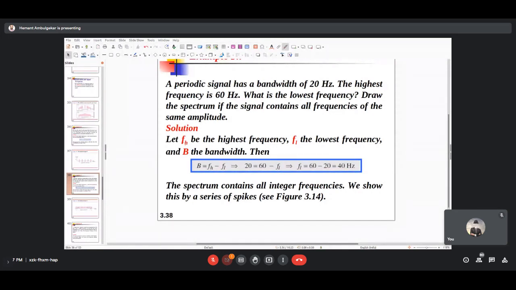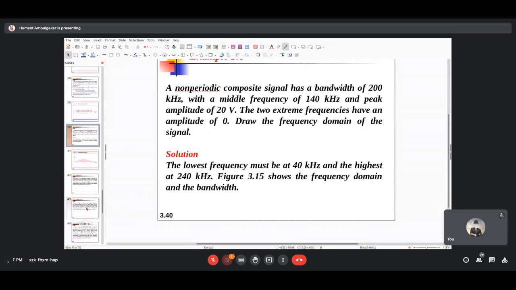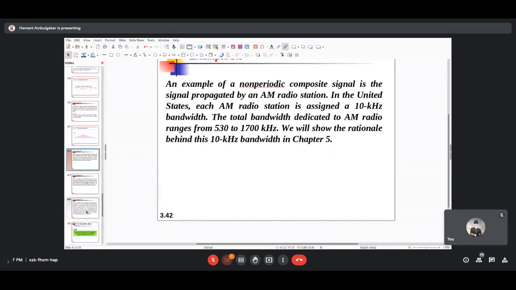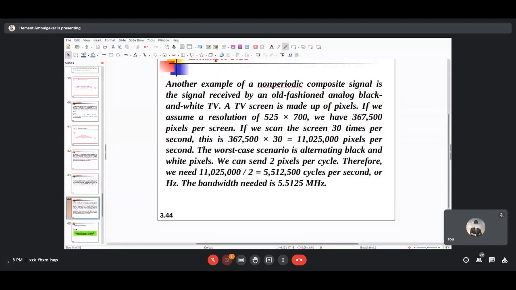So I hope we can easily calculate the frequency and draw the spectrum. Right. So such simple examples are there, just go through the examples.